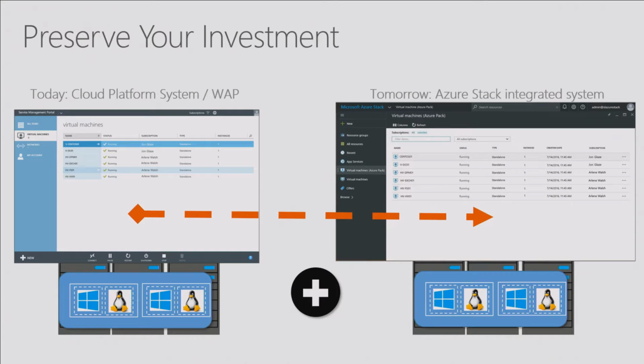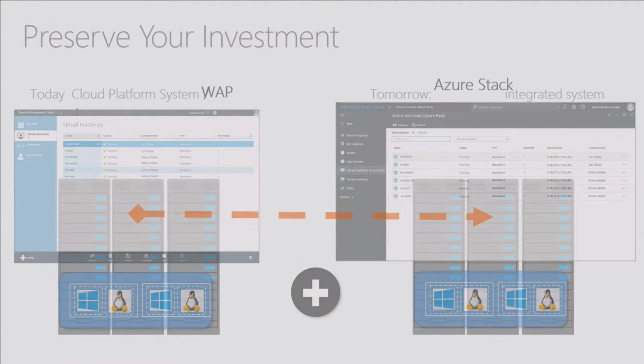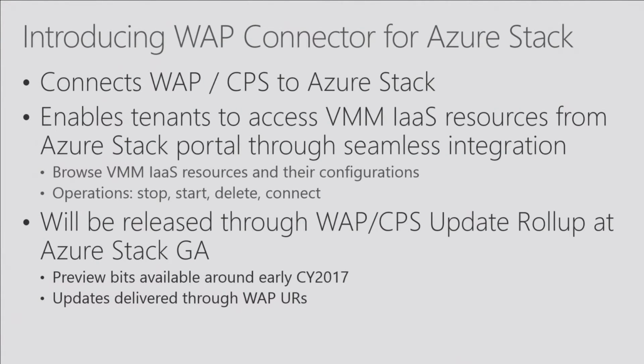This component will be installed on your WAP deployment or CPS environment, and it will be connected to your Azure Stack environment. You will have a single pane of glass to see, manage, and control your resources on both environments.